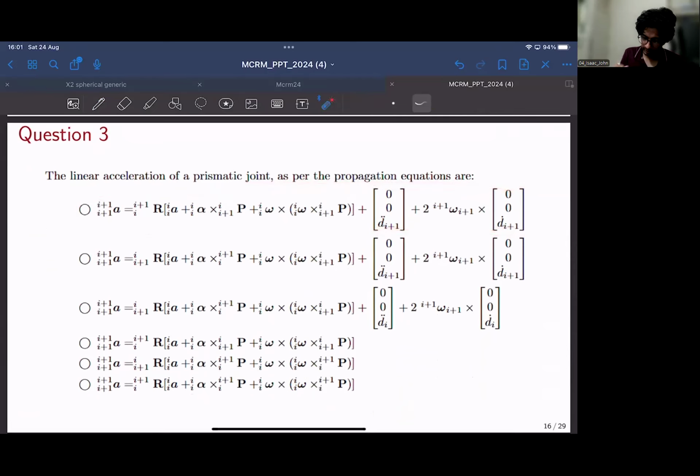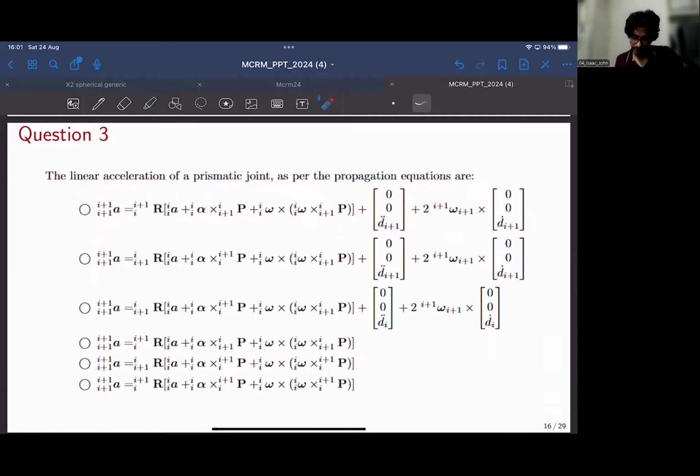We know that the linear acceleration of the current joint is the linear acceleration of the previous joint plus the tangential component plus the centrifugal component plus the relative acceleration between the two joints because it's a prismatic joint, and then there is also one more term for Coriolis and centrifugal effects.